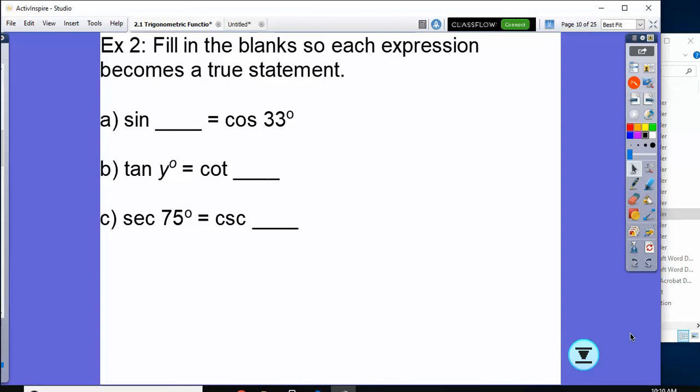I want you to fill in the blank. Make this a true statement. Sine of blank equals the cosine of 33 degrees.